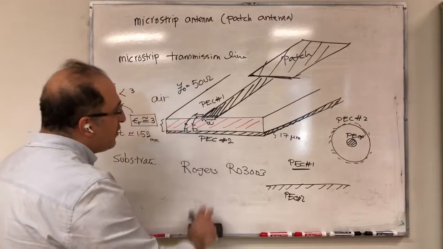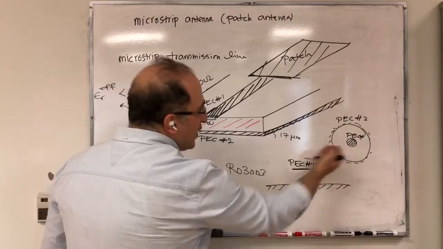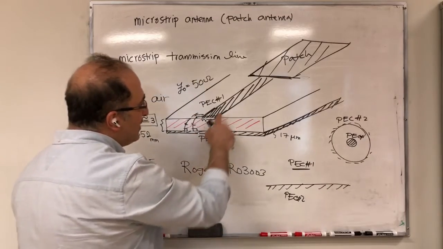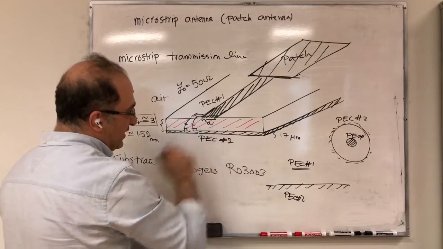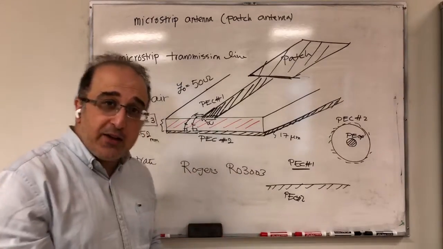If you think of this as an evolutionary form of coaxial cable, you can conclude the same thing: the current here is going to cancel the current on PEC number two when you calculate the radiation.